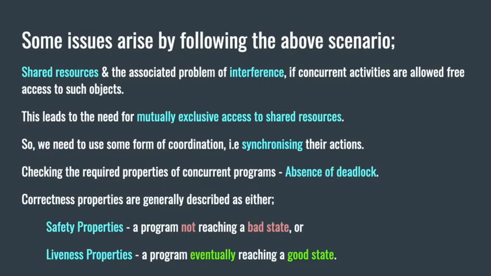Checking the required properties of concurrent programs, we must make sure of the absence of deadlock. When there is a deadlock, the program stops and makes no further progress. So we have to make sure the concurrent programs have the absence of deadlock.